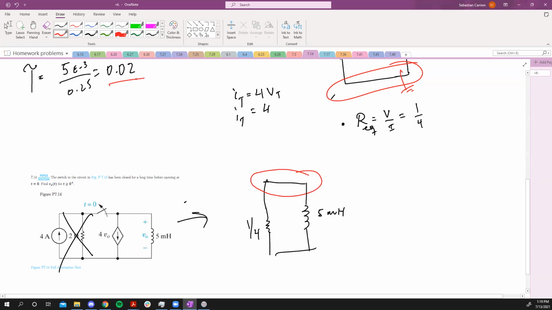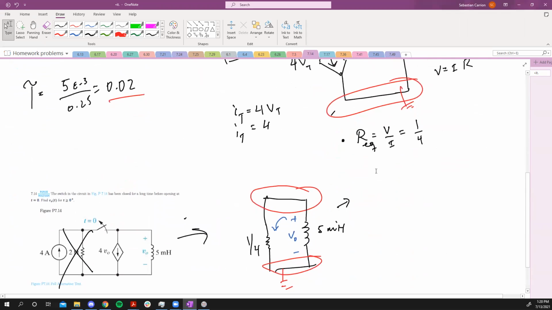We know our tau. I guess now we can go ahead and find our current.